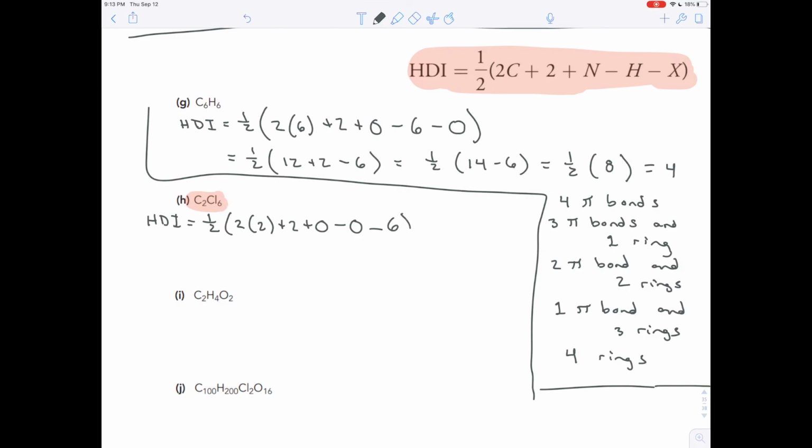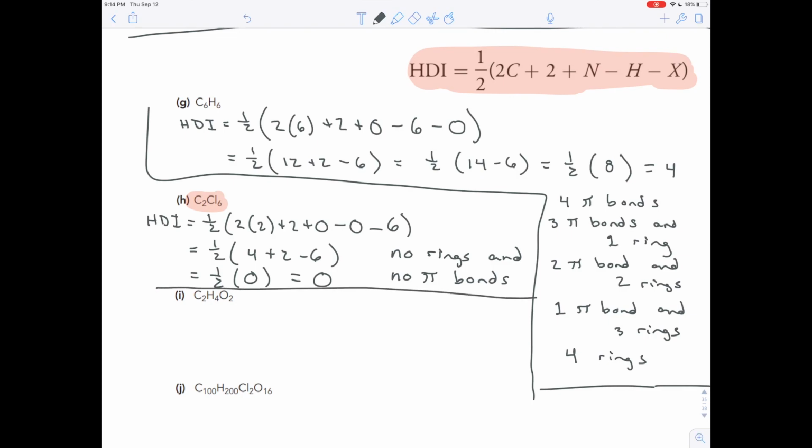We have 6 chlorines, so minus 6. So this is going to be 1/2 of 4 plus 2 minus 6. That's 1/2 of 0, so 0. There are no rings and no pi bonds in this molecule. There's 0 degrees of unsaturation.